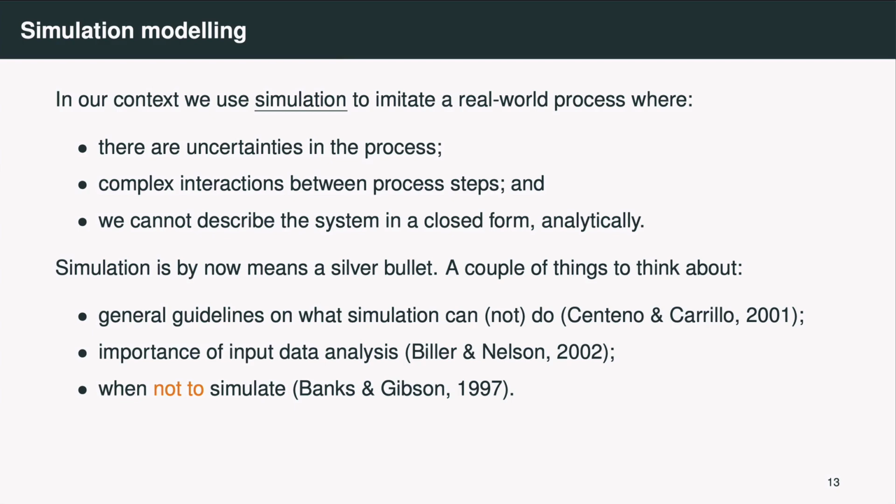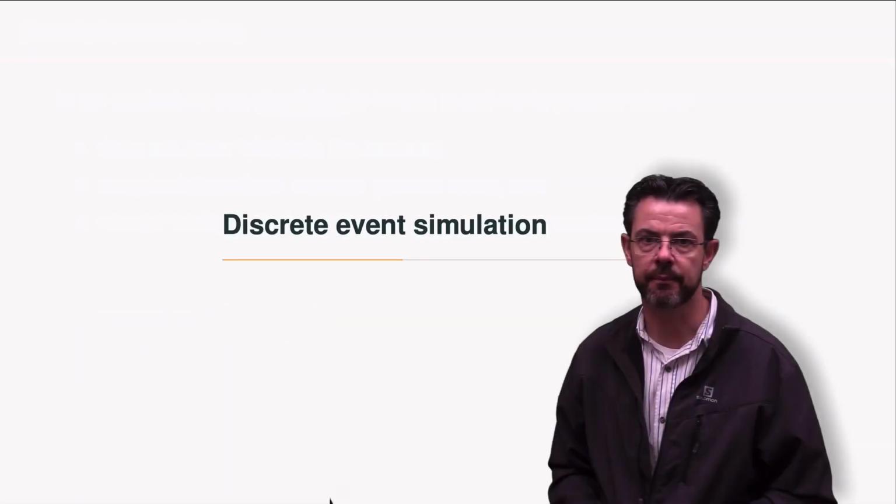Biller and Nelson in 2002 wrote a good paper on the importance of input data, why it is necessary to get right the data that you gather, analyze and embed inside your simulation model. And then Banks and Gibson in 1997 gave a couple of reasons and evidence on when not to use simulation. I highly recommend that you work through these papers to strengthen your base in terms of when to use this tool. But when it's applicable, it can be a pretty powerful tool to use.